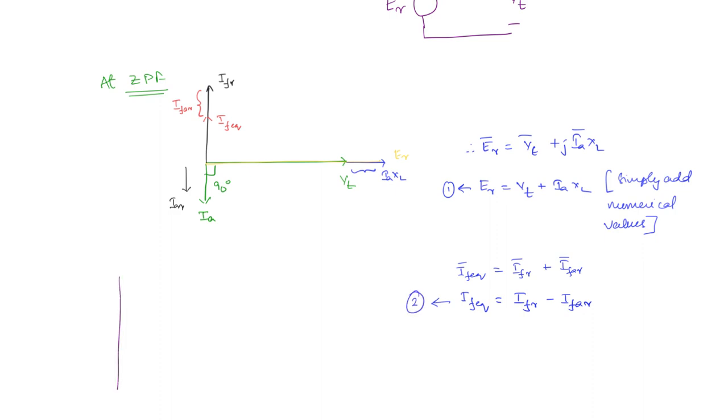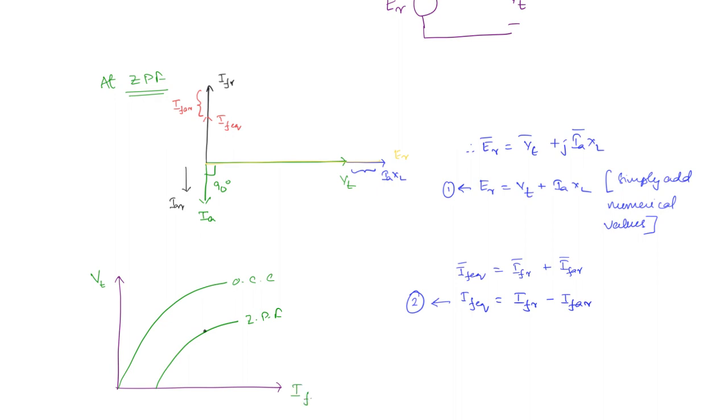Now you go to the open circuit and the ZPF characteristics. This is the open circuit characteristic, and the ZPF is going to look similar, right? So this is the ZPF. This axis is the voltage axis, the terminal voltage axis, and this is the field axis.